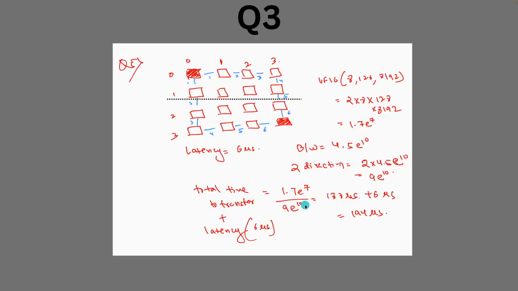If you want to send this much data with that much bandwidth, it takes around 12088 microseconds. In the question there was a latency of 1 microsecond per hop, so for 6 hops you have 6 microseconds, so the total will be 194 microseconds.